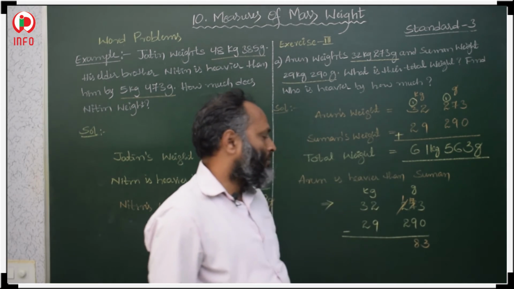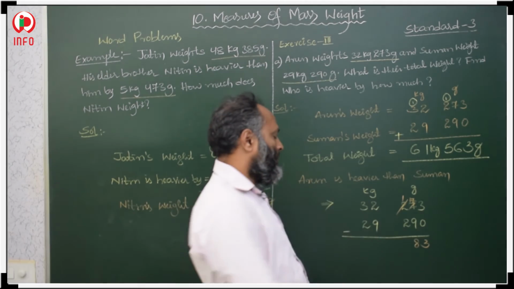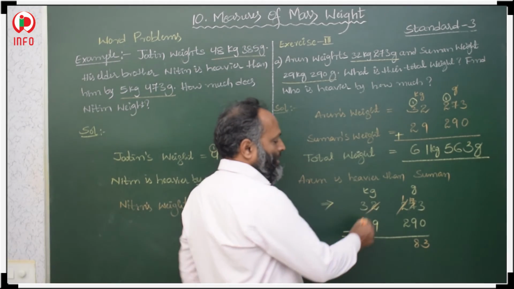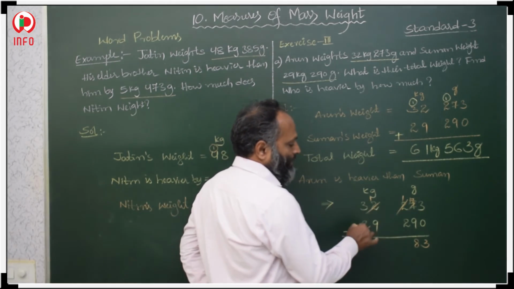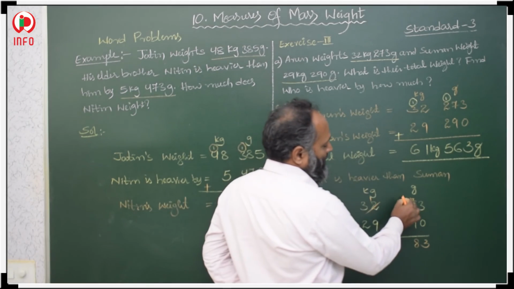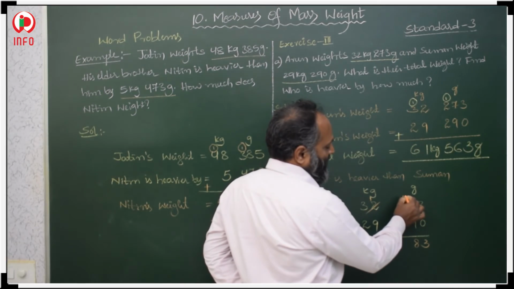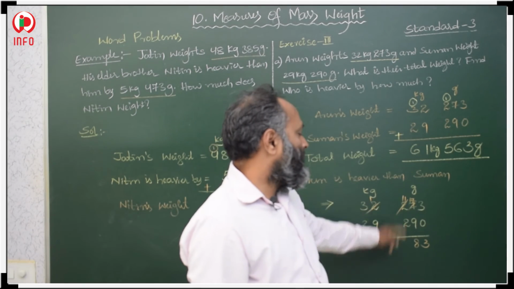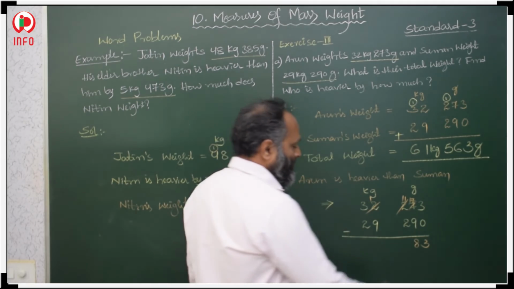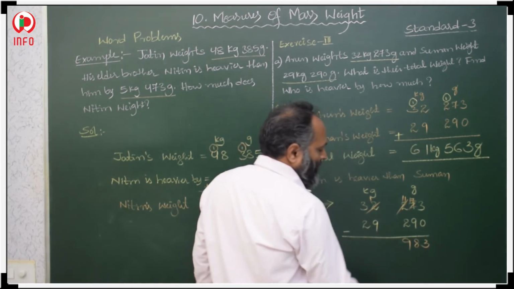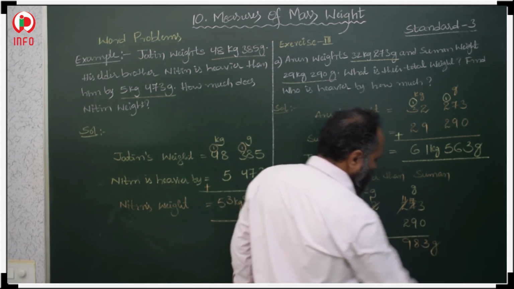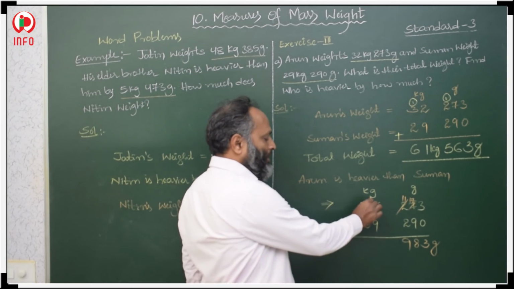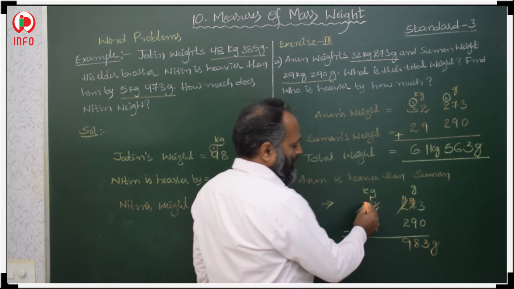1 minus 2, we cannot minus. 1 is smaller. Again we have to take borrow from the next, kgs. 1 kg we have to borrow. 1 kg left in ones place. 1 kg is equal to 1000 grams. Here you will get an increase by 10, means 11. 11 minus 2 is 9. 983 grams. Okay. Here 1 minus 9 we cannot minus. Again we take borrow from the next tens place.